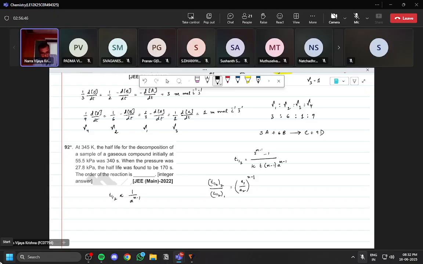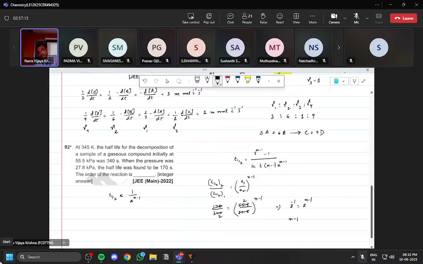What is T half 2? 170. T half 1, 340, is equal to, what is A1? 55.5. What is A2? 27.8, whole power n minus 1. So this is how many times? 2 times. This is how many times? 2 times. So 2 power minus 1 equals 2 power n minus 1.